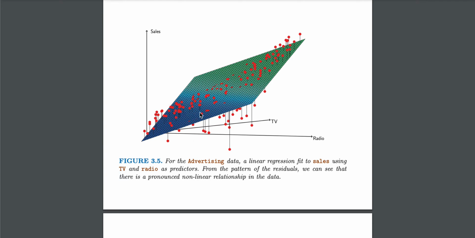A plane in 3 dimensions is a plane, but in more than 3 dimensions, it's a hyperplane. A hyperplane that is as close as possible to all the data points. And as close as possible means that the residual sum of squares, which is the sum of squares of these distances, is small.